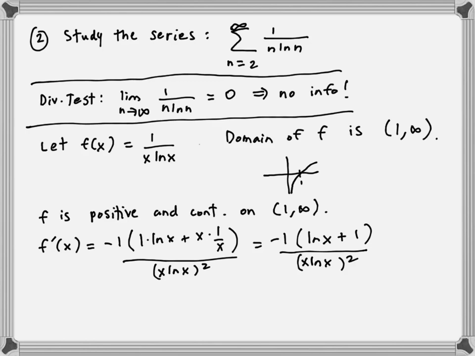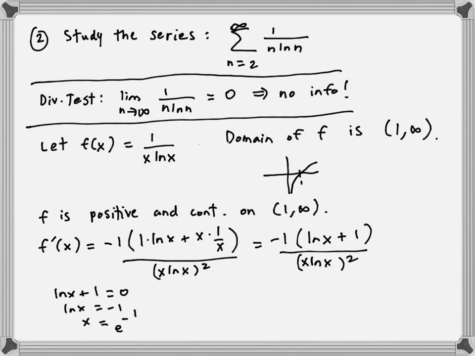Now, where is this thing negative, right? We want to know where the derivative is negative. Well, the bottom is always positive because it's being squared. What about ln of x plus 1? If we set that equal to 0, we get that ln of x equals negative 1, or take e to the power of both sides, we get x is equal to e to the negative 1.